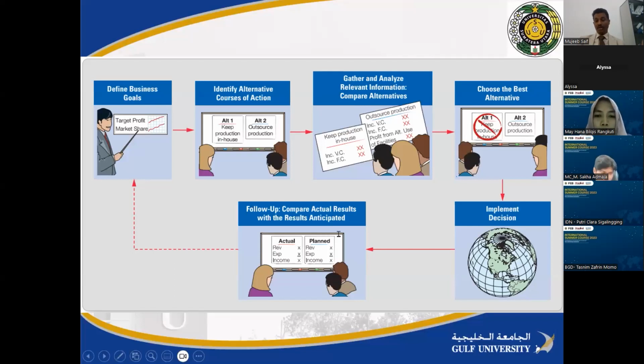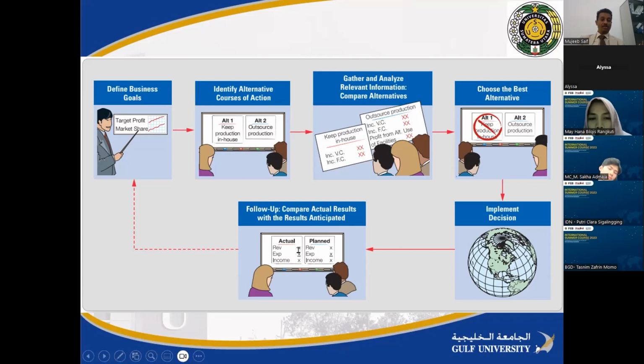If it is okay, we will fully implement this decision and try to strengthen the performance of this option. Otherwise, if the performance is not acceptable, we try to revise or change our decision.